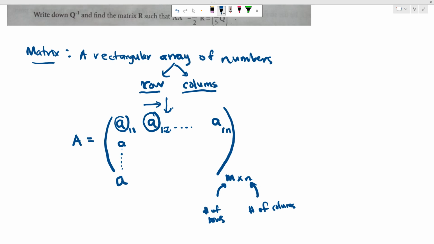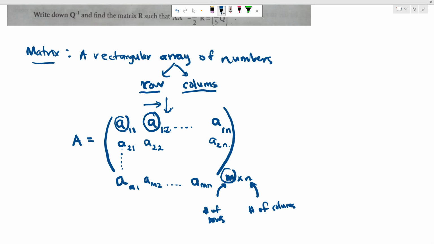Likewise, the second row is a21, a22, a23 up to a2n. Then let's say we have m rows. The first entry of the last row is am1, because it lies in the first column, then am2 up to amn. This is how we denote matrices explicitly.